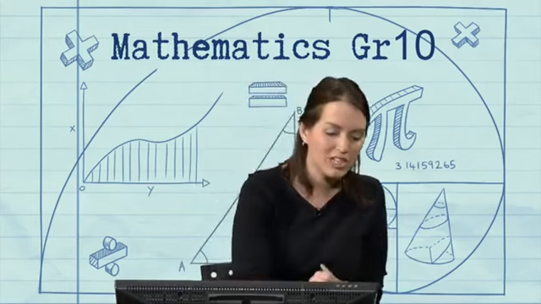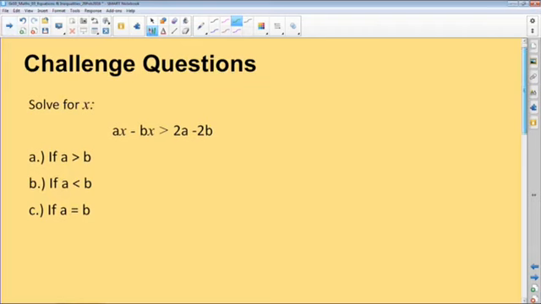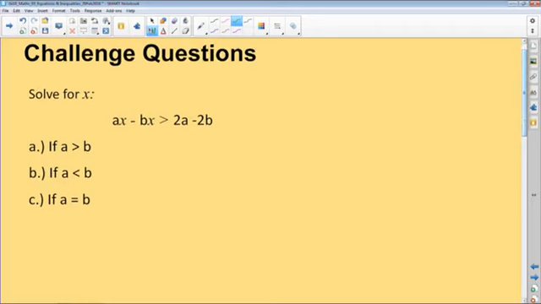Let's look at what our challenge question is for this week, and remember that we will be going through these challenge questions in the last show of the term. So this challenge question says solve for x. There's an x, and there's an x. ax minus bx is equal to 2a minus 2b.